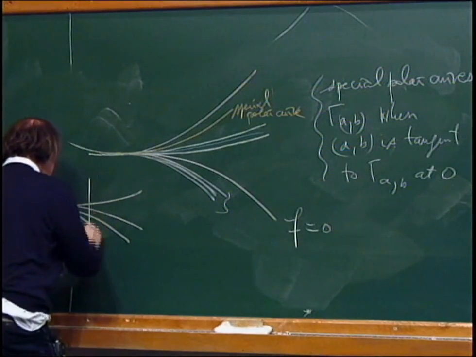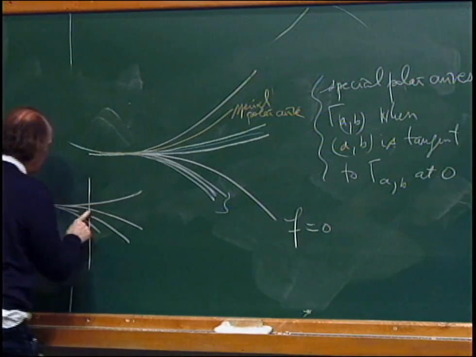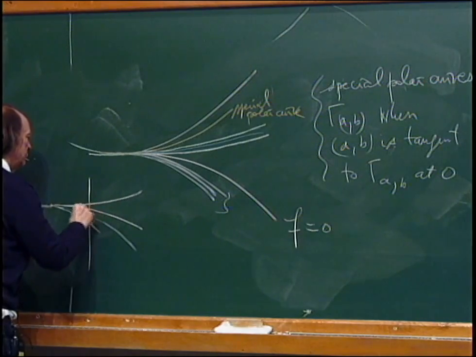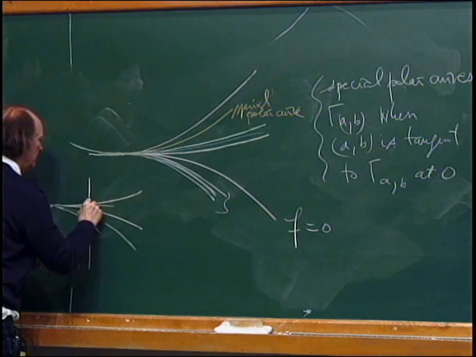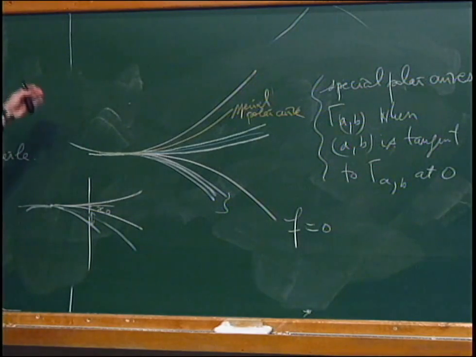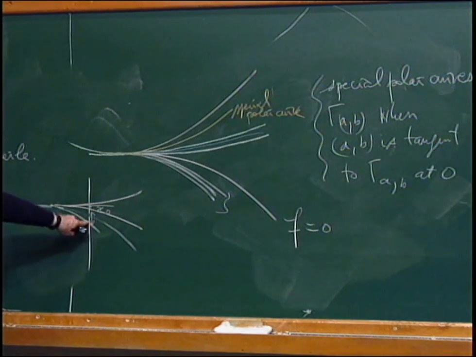What I mean is I take just one, to have an idea depending on the position of a point x0 of this transverse distance between a polar curve and the curve.